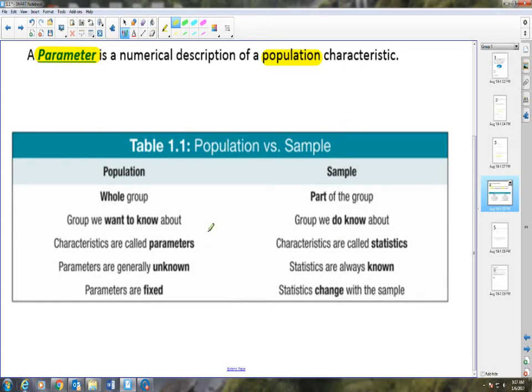And one of the key things here: population is associated with the word parameters. Parameters are generally unknown because the word parameter is referring to population, and what we want to find out about the population is generally unknown.